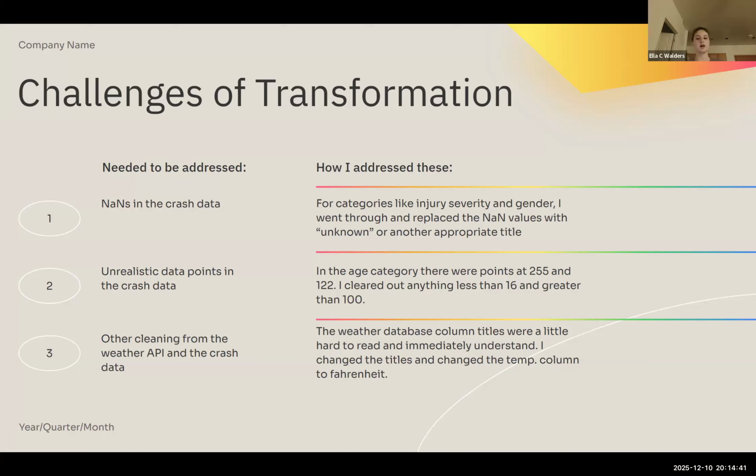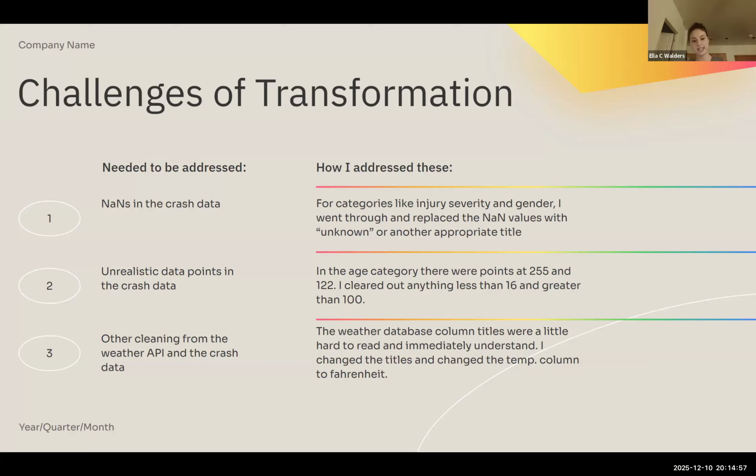For gender, it would be unknown. And for something like substance abuse, it would be something along the lines of not apparent, right? And then I was also able to change the data type of the date time column to date time.